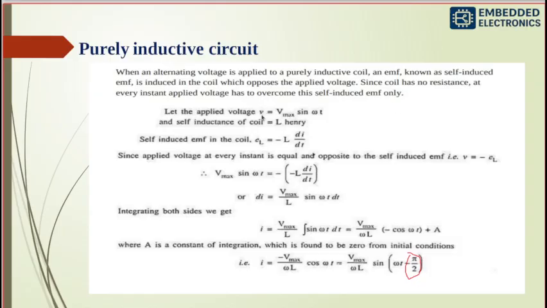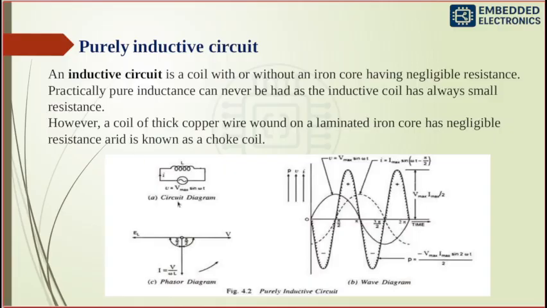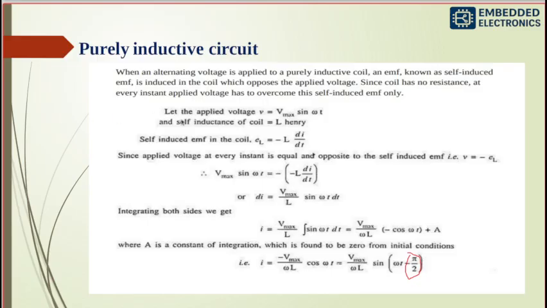So we know V equals V max sin omega t. The self-inductance of the coil is L Henry. The self-induced EMF in the coil is EL, which equals minus L di by dt.